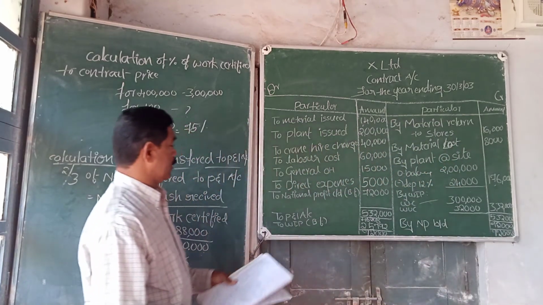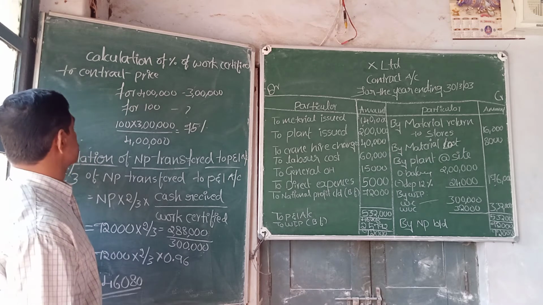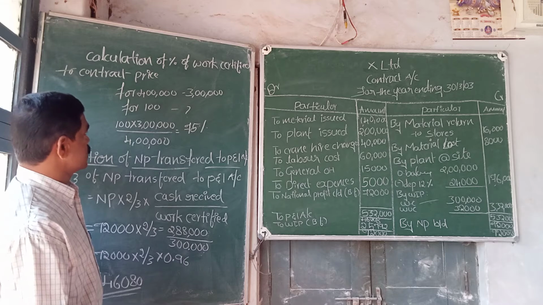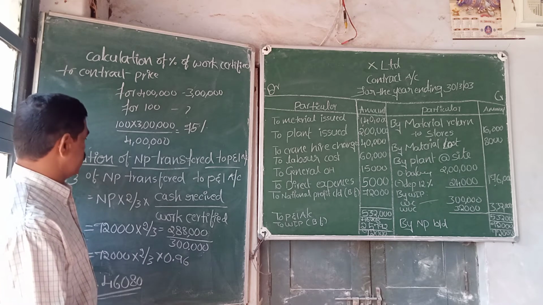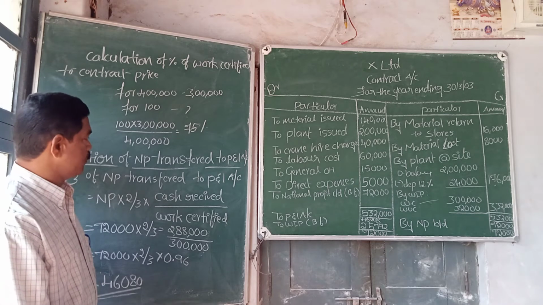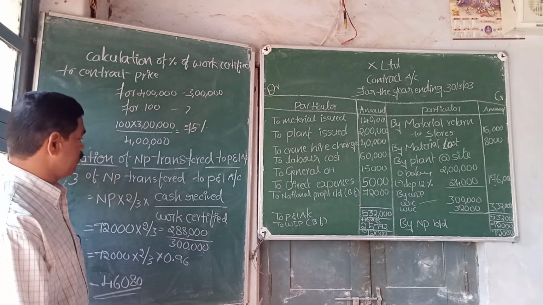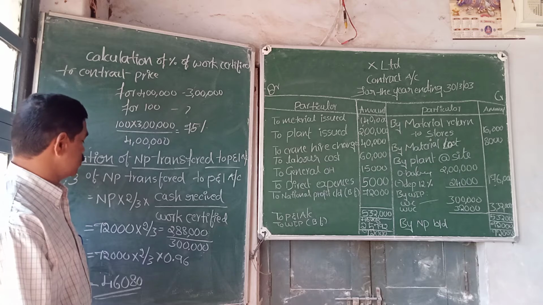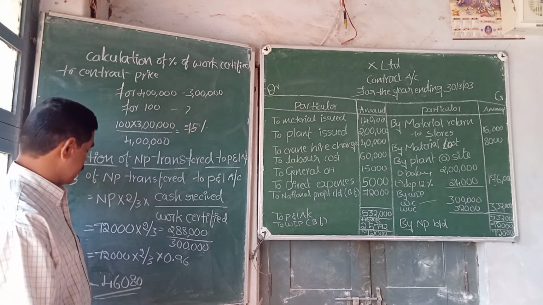Now you have to calculate the percentage of work certified to contract price. For 4 lakh, it is 3 lakh. Then for 100, how much? It is 75%. So the calculation of notional profit transferred to profit and loss account is 2/3 of notional profit into cash received divided by work certified.